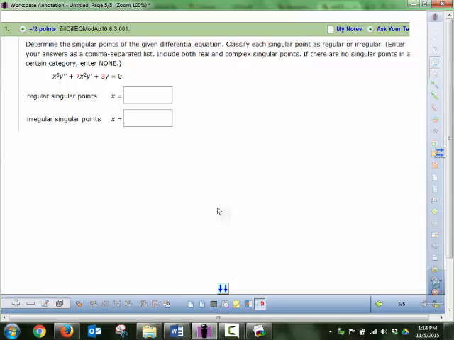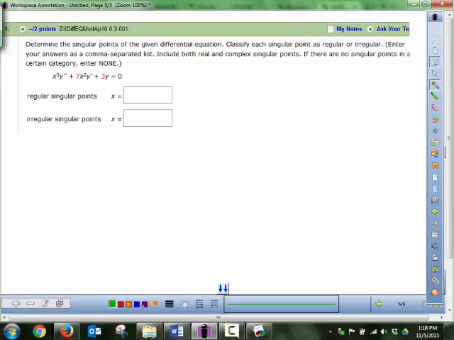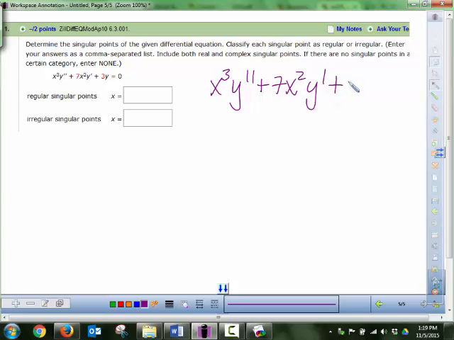So here, determine the singular points for the given differential equation, and classify each singular point as regular or irregular. So here's my function. Let me rewrite the DE. I have x cubed y double prime plus 7x squared y prime plus 3y equal to 0.